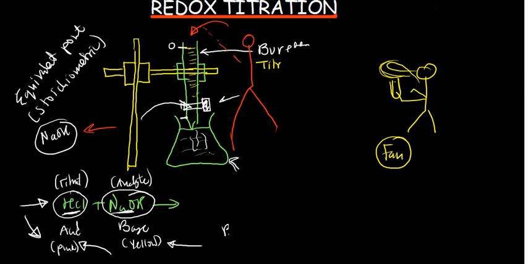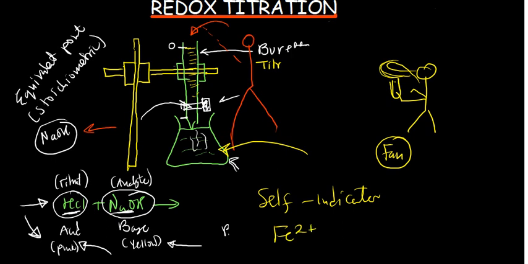When you're talking about a redox titration, you don't use an indicator. A redox titration has a reducing agent and an oxidizing agent. The reason you don't use an indicator is because it is self-indicating. For example, if you have iron 2 plus and it goes to iron 3 plus, iron 2 plus has its own color and iron 3 plus also has its own color.